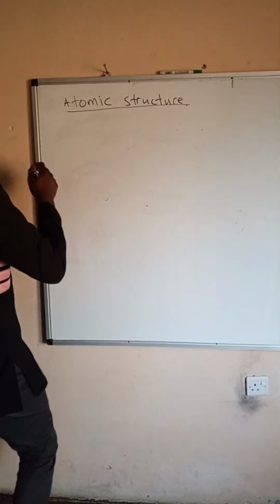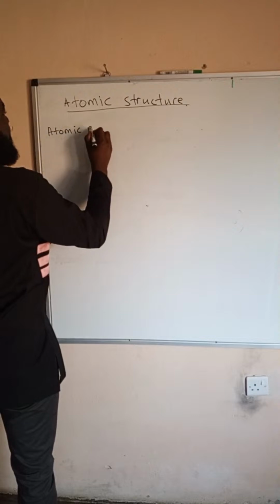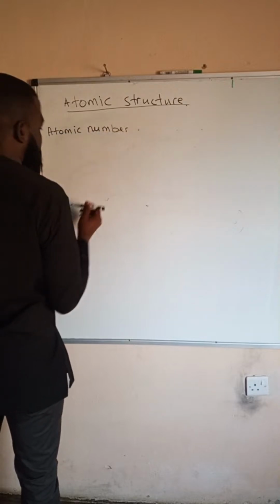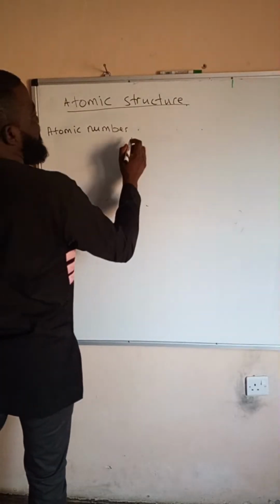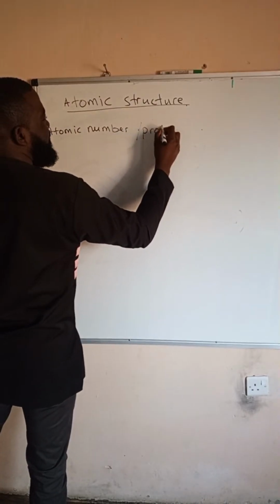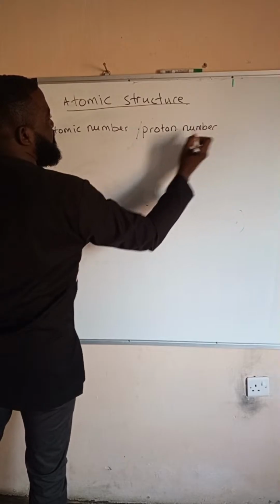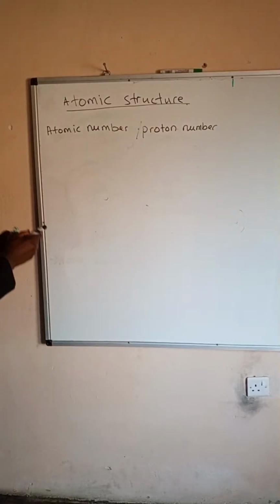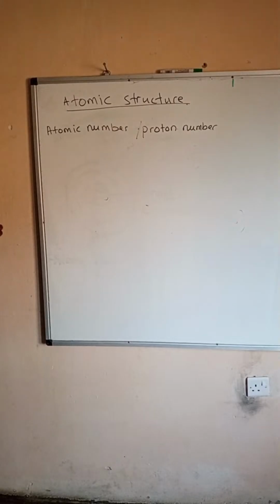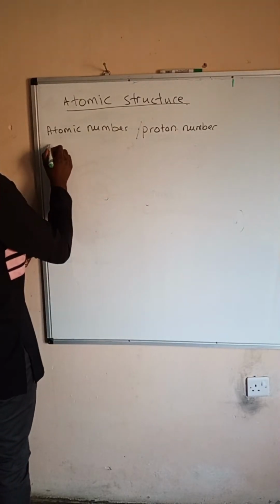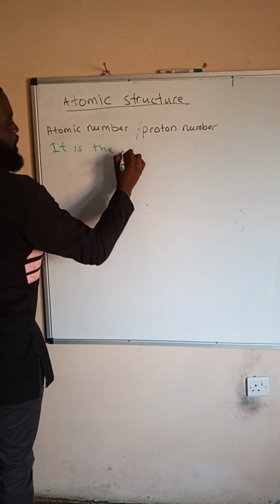Okay. So atomic number. What is it? The other name for atomic number is proton number. Atomic number is the number of protons inside the nucleus. Remember I said the protons are found in the nucleus. So atomic number is the number of protons in the nucleus of an atom.